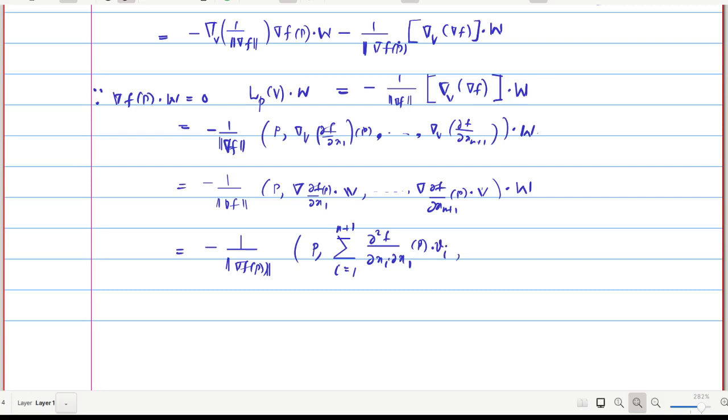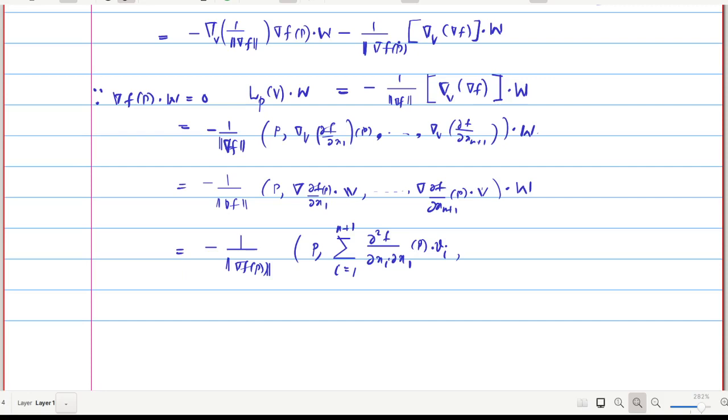When you expand this, we know that del of dou f by dou x1 is dou by dou x1 of dou f by dou x1, dou by dou x2 of dou f by dou x1, dou square f by dou x3 dou x1 etc.